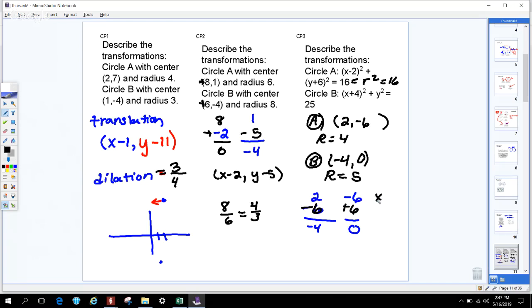So I'm going to have x minus 6, y plus 6. And again, they might say something like it moved left 6, up or down 6. It might say that. What's my scale factor going to be? 5 over 4. Why is it 5 over 4? New over old. We good? You're going to see at least one question like this. I'm going to go on.